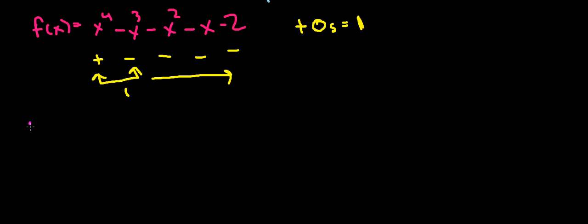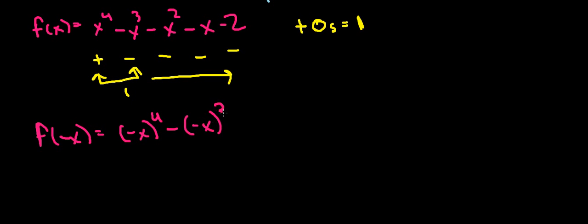Now let's put in f of minus x. This is equal to negative x to the fourth minus x cubed minus x squared minus x minus 2.